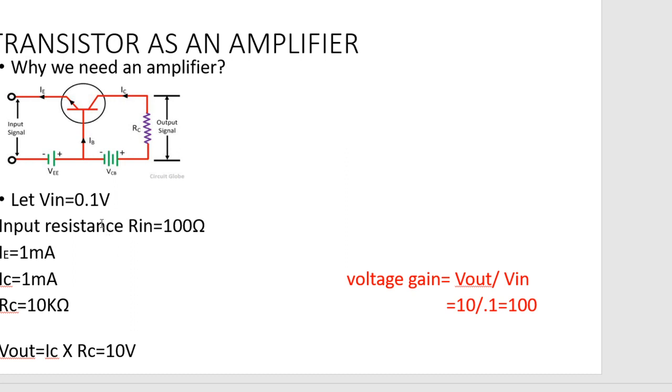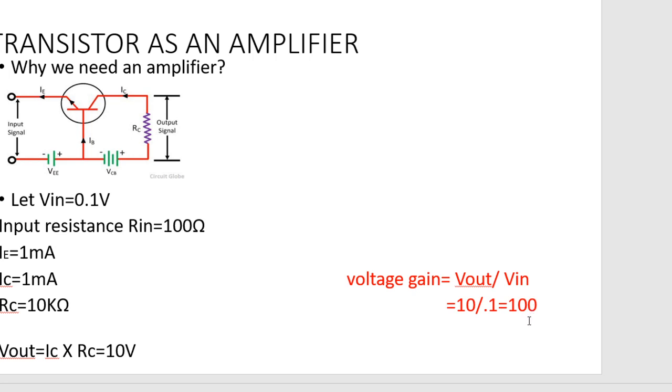So while applying 0.1 volt at the input, we are obtaining 10 volt across the output terminals. The voltage gain can be calculated as the ratio of V out to V in. That is, V out is 10 volt and V in is 0.1, so we are obtaining a voltage gain of 100.